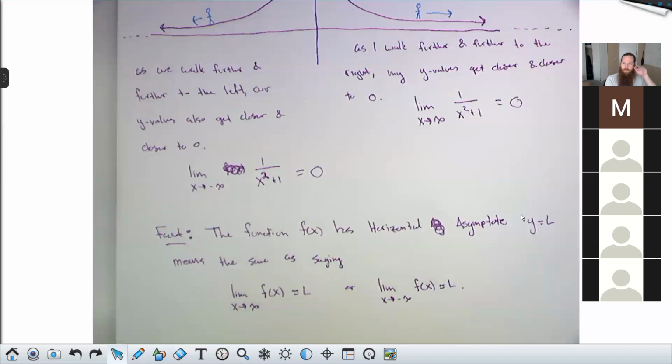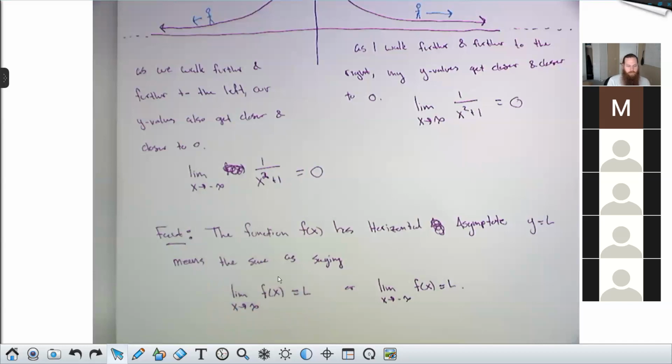Horizontal asymptotes are lines that the function gets closer and closer to as you wander off to the left or to the right. Well, if the function gets closer and closer to L as x wanders further and further off to the right, that's precisely our definition of the limit as x goes to infinity of f of x equals L.